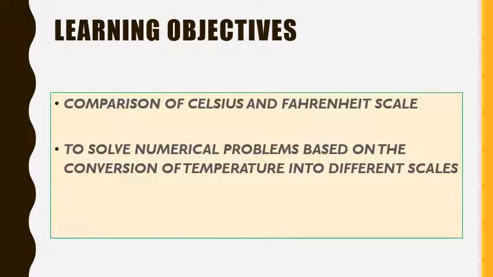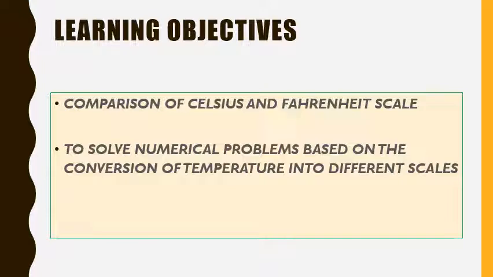So far, we have learned about different temperature scales, which are the Celsius scale, Fahrenheit scale, and Kelvin scale, out of which the Celsius and Fahrenheit scales are commonly used in most parts of the world. Therefore, we'll see the comparison between these two scales, Celsius and Fahrenheit.